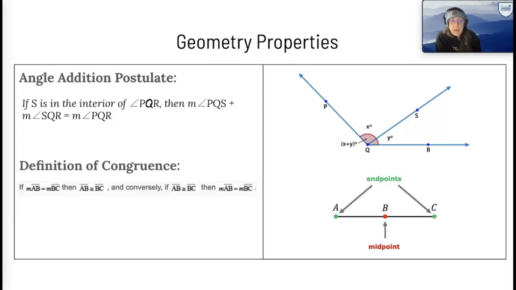Okay, so angle addition postulate. This is really just like the segment addition postulate, except you're using it as an angle. So what does it say?